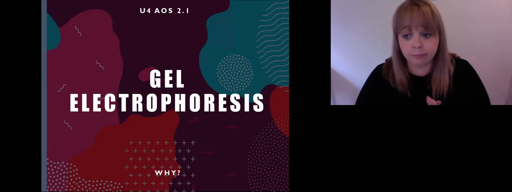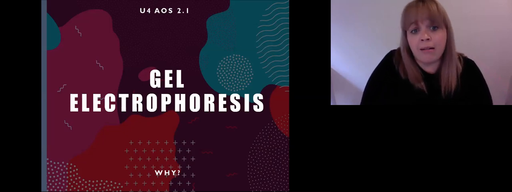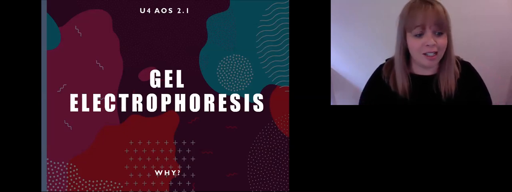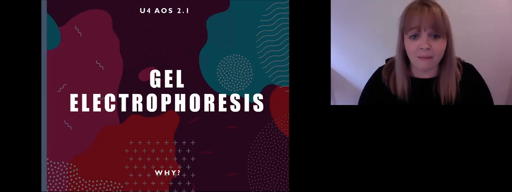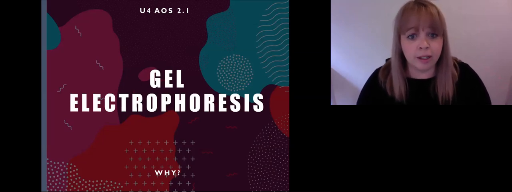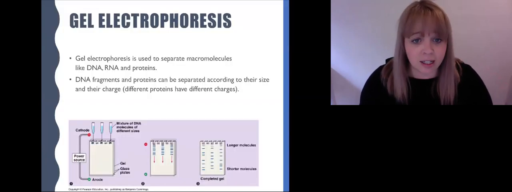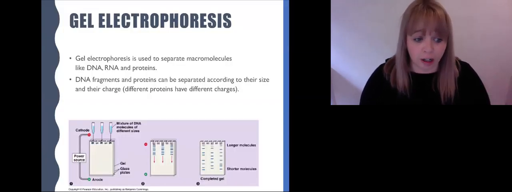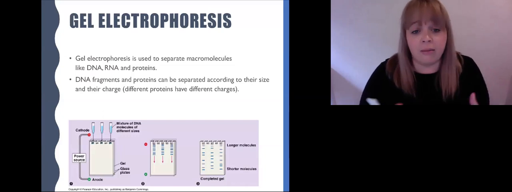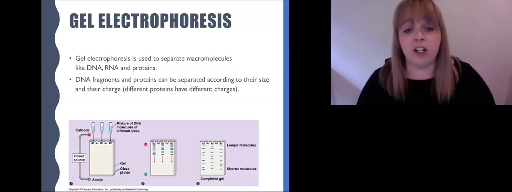So to begin with, we need to talk about what is gel electrophoresis. It's a big word, and why do we care what it can do for us? So the first thing is, let's think about it. Gel, meaning it's going to have something to do with gel, so we make an agar-like jelly.